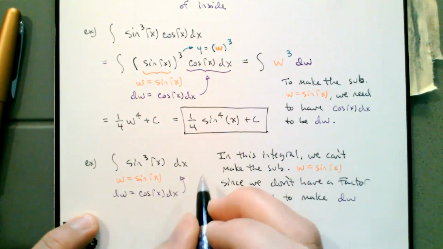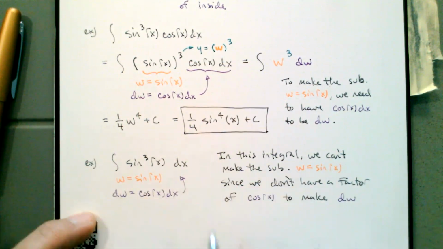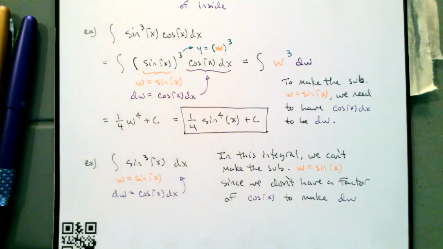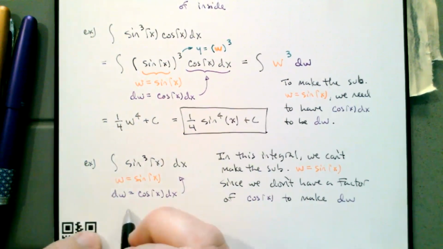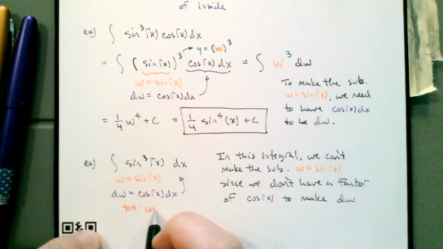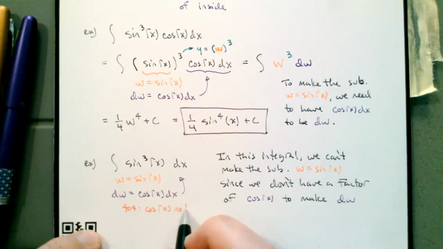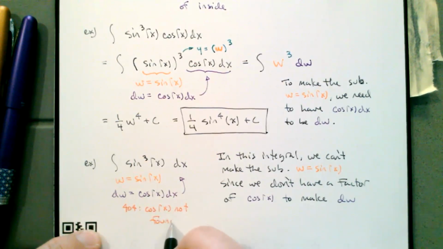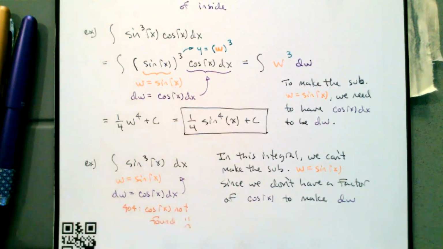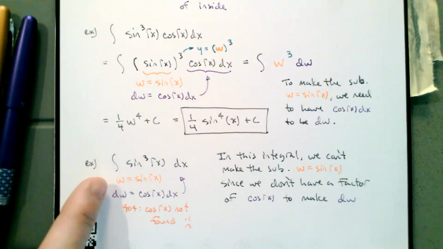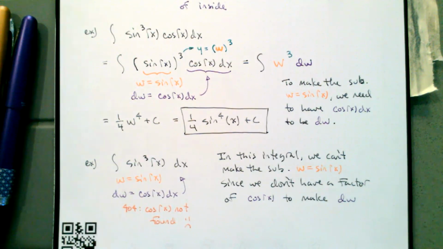And that is not available. It doesn't mean that we're not going to do substitution on this integral. It just means we're not going to do this substitution where w is equal to sine of x.